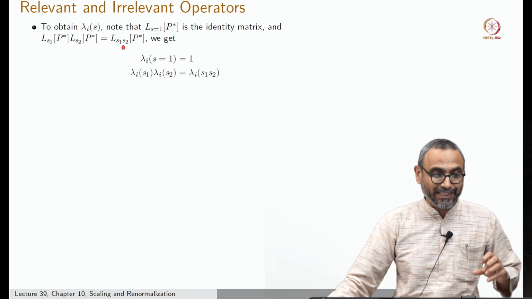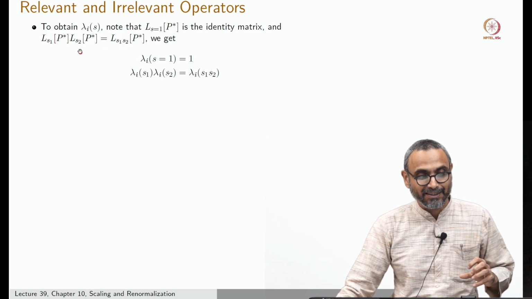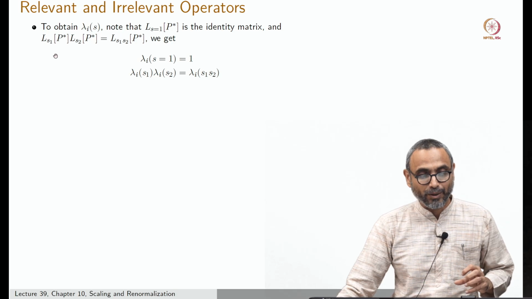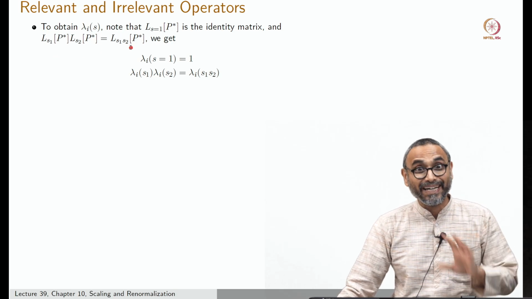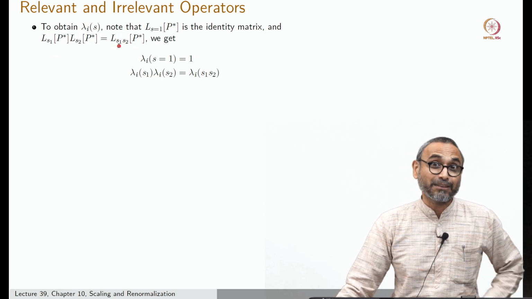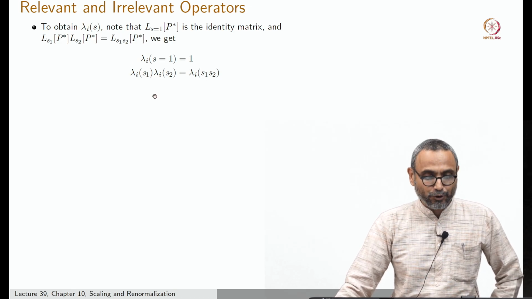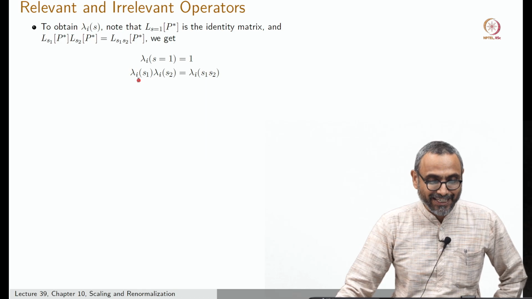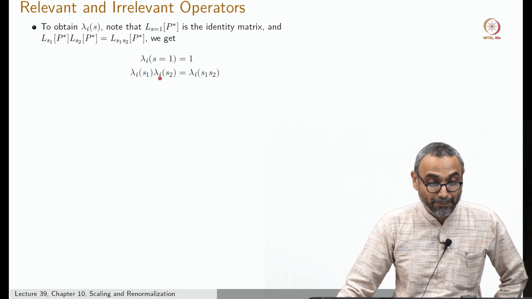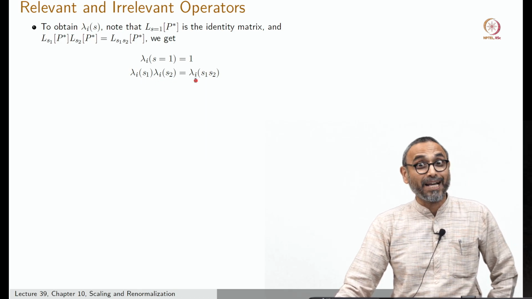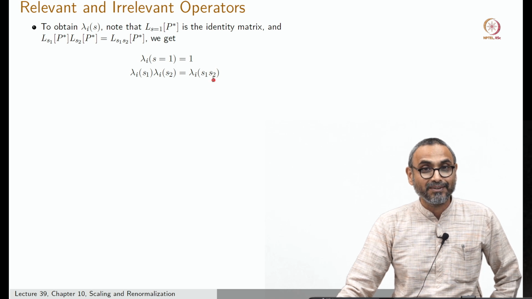If I take the product of these two matrices, first by S2 and then by S1, this must turn out to be the matrix that I would get if I do S1 S2. So if you just follow through, we will get the equation lambda I of S1 times lambda I of S2 equals lambda I of S1 S2.